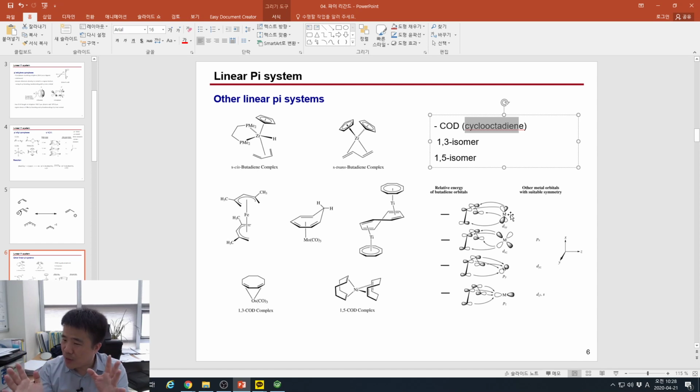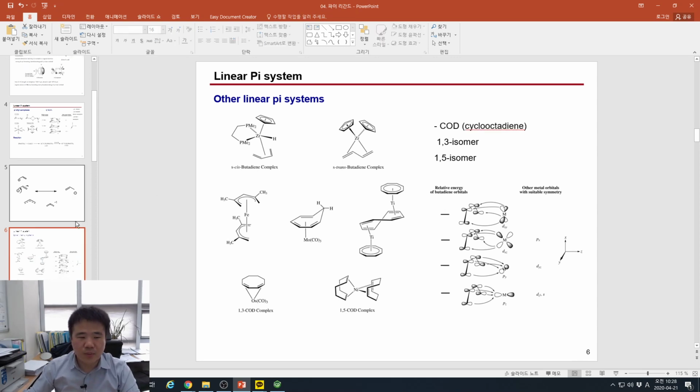So now you can understand that because of the d orbitals of the transition metal, many different types of coordination are possible. So butadiene and cyclooctadiene are good ligands for transition metals.